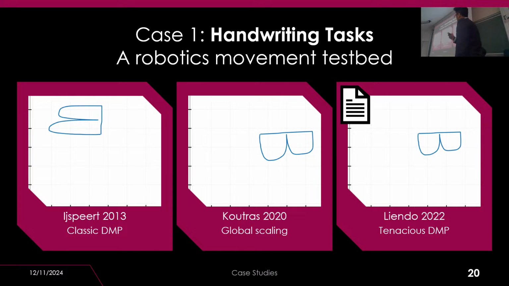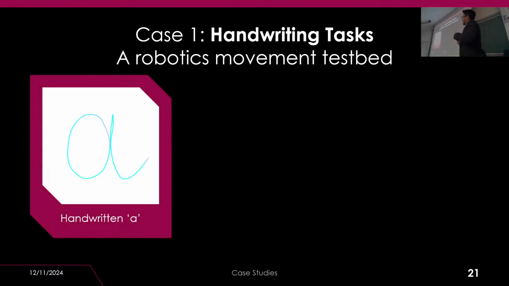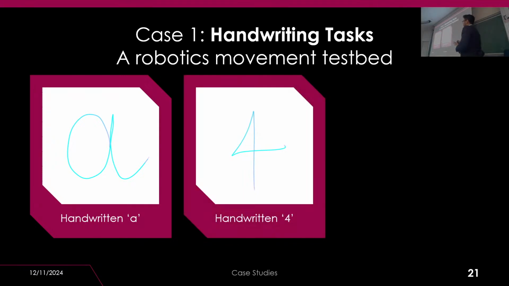Now, in terms of dual quaternion dynamic movement primitives, I've chosen to validate it not only over grapheme reconstruction, handwriting reconstruction, so basically robot handwriting, but also over recognition, handwriting recognition.